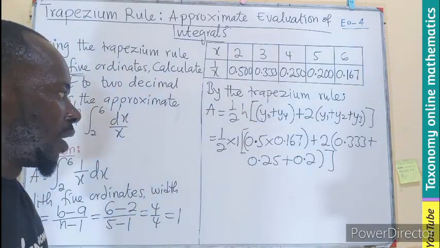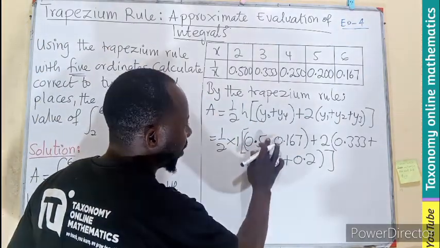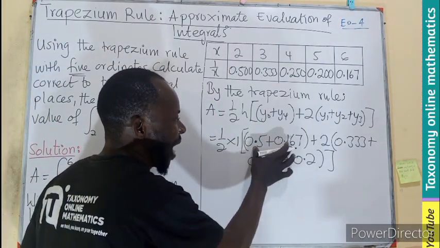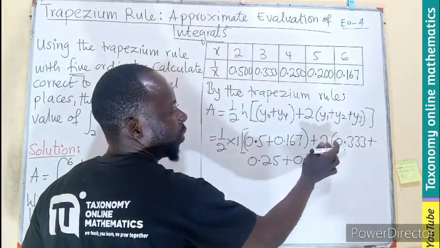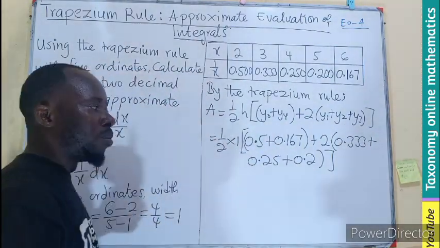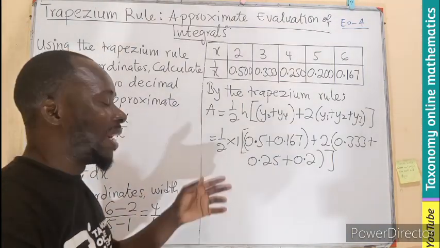So now this is addition. We are adding these 3, multiplying by 2. Then we multiply all of them by the half in front.